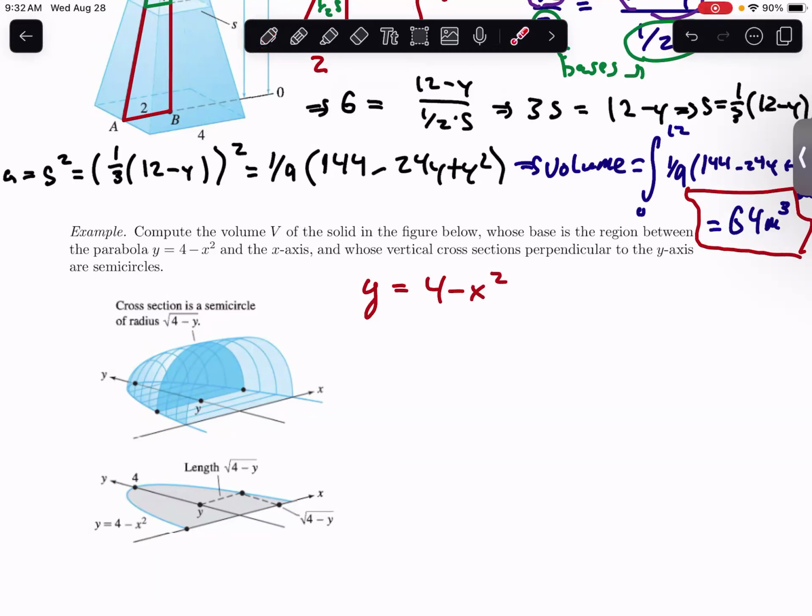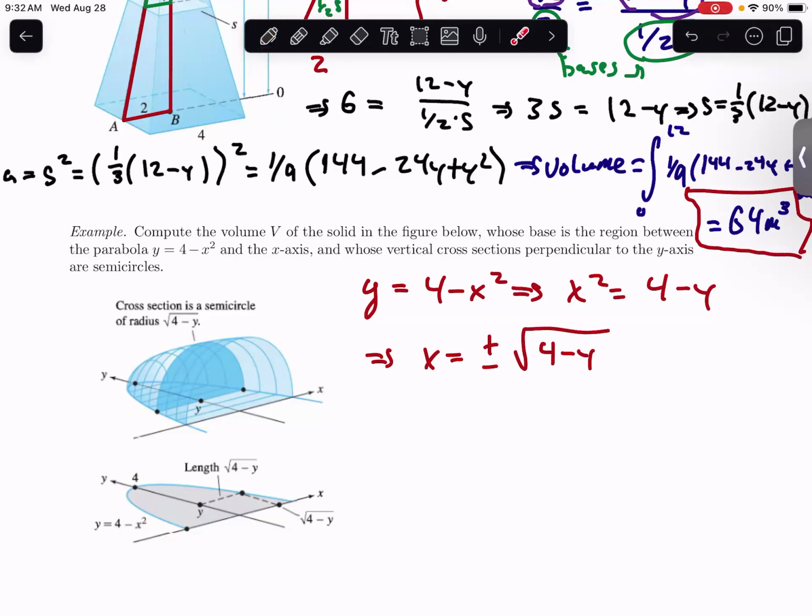We want to translate this into a function in terms of y instead. So this implies that x squared is equal to 4 minus y. Now if you take the square root of both sides, you end up getting that x is equal to plus or minus the square root of 4 minus y.